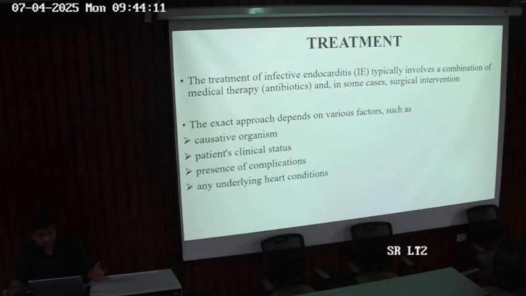The patient's clinical status should be kept in mind. If there is any complication, treat the complication, like glomerulonephritis, a renal infarct, a splenic infarct, septic embolization in the brain, or pulmonary embolism, or any other underlying heart condition like RHD, rheumatic heart disease, or a patient in heart failure. So treat these conditions along with antibiotics.